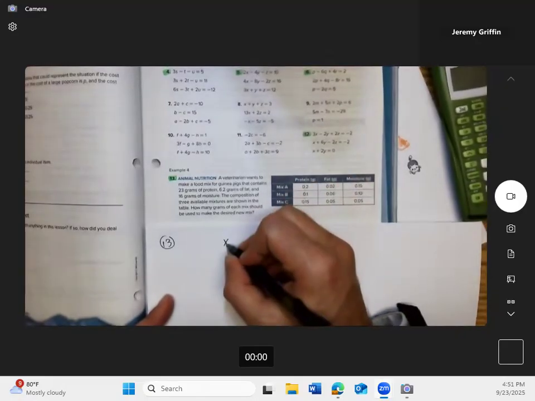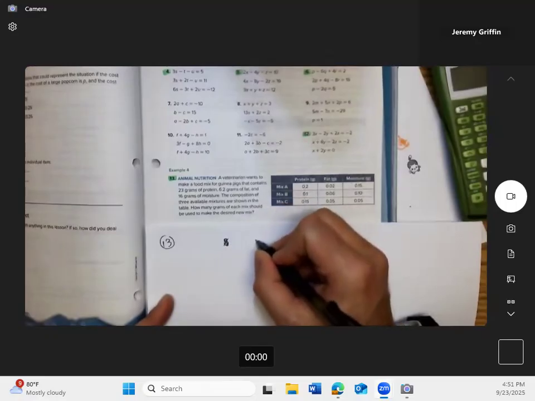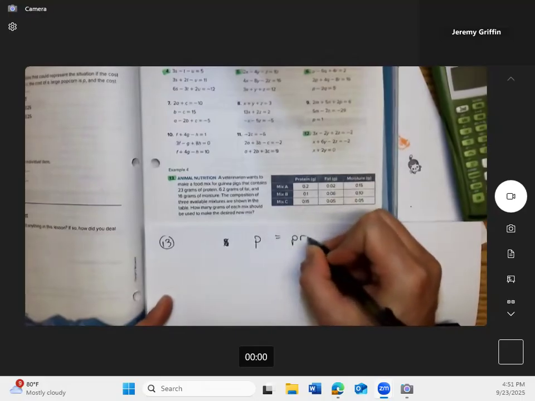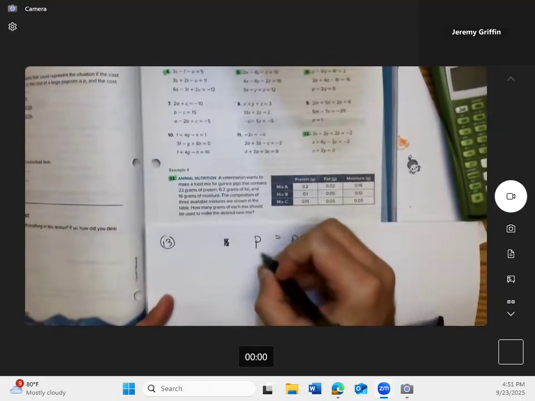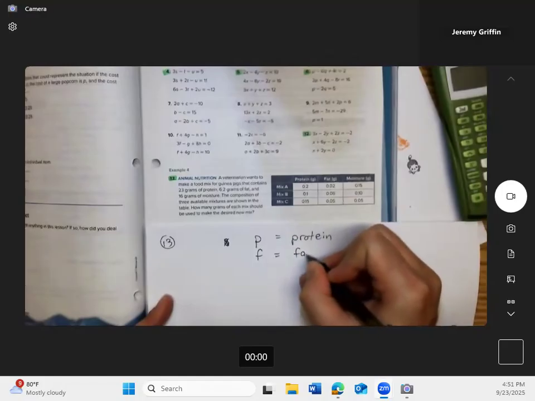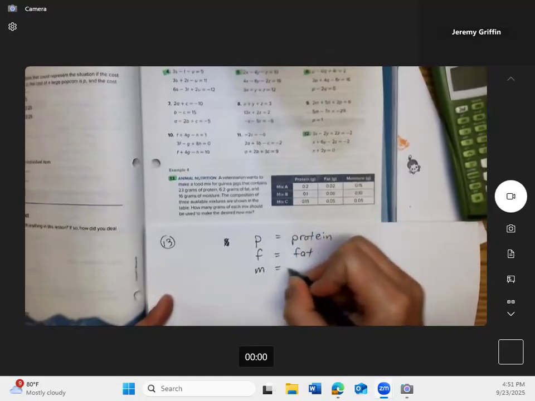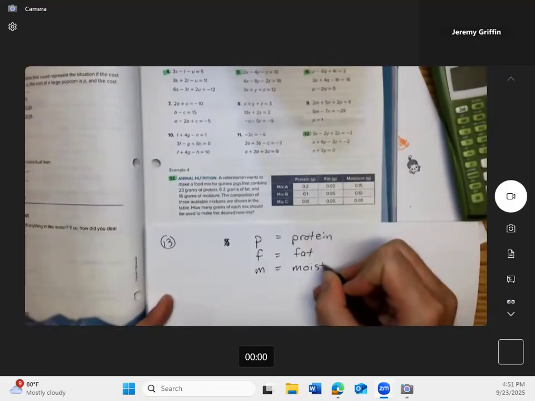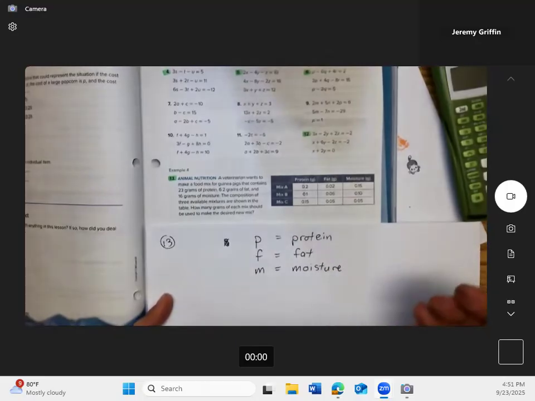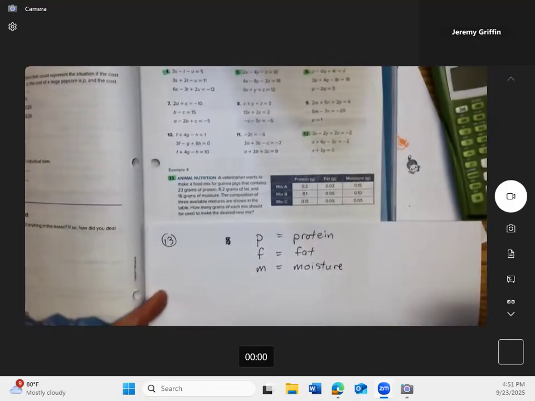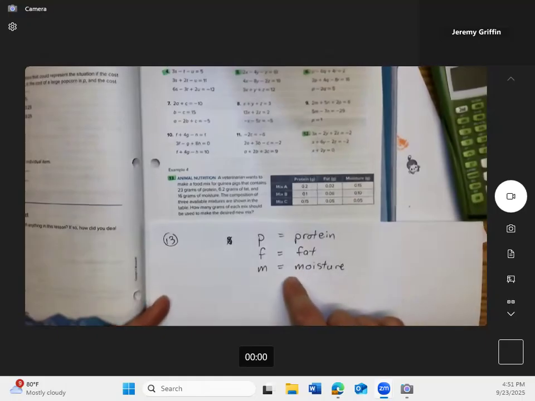That's maybe more intuitive, right? So I'll call p equals protein, f equals fat and m equals moisture. Those are my variables, kind of like x, y, and z. Same idea.